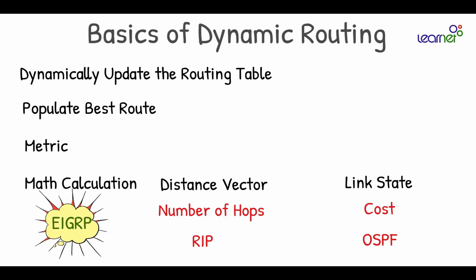This protocol is considered an advanced distance vector protocol because it combines some characteristics of both distance vector and link state protocols, offering a balance between simplicity and efficiency. Dynamic routing simplifies network management and ensures data travels the most efficient path, even in complex, ever-changing networks.